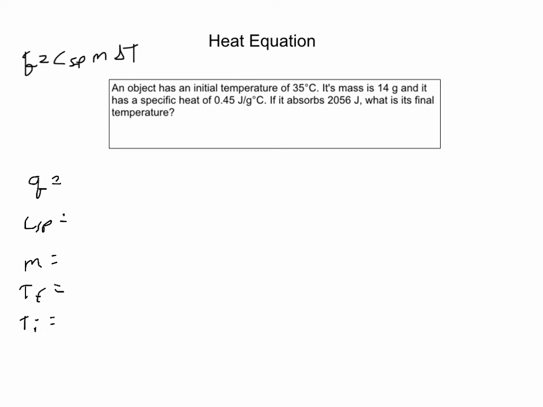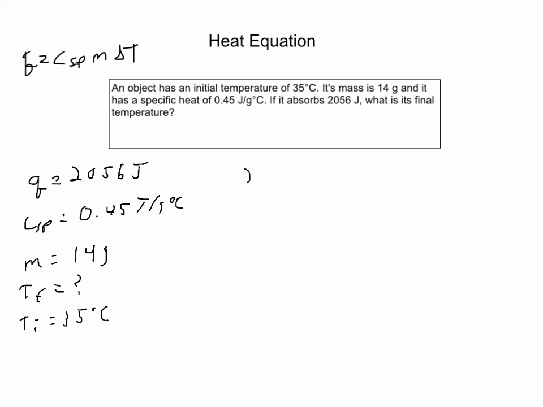Q is going to be 2056. Because it is absorbing this energy, it's going to be positive 2056 joules. Specific heat in this case is given 0.45 joules per gram degrees Celsius. The mass is 14 grams. The final temperature we don't know, but we know its initial temperature is 35 degrees Celsius.